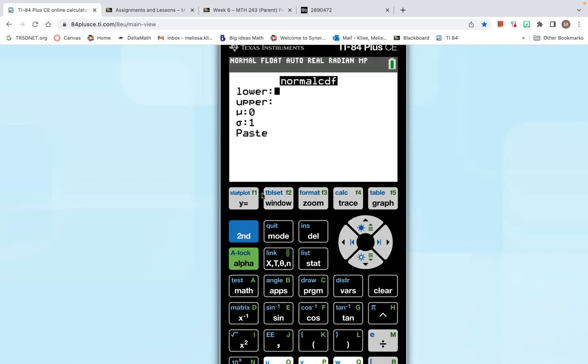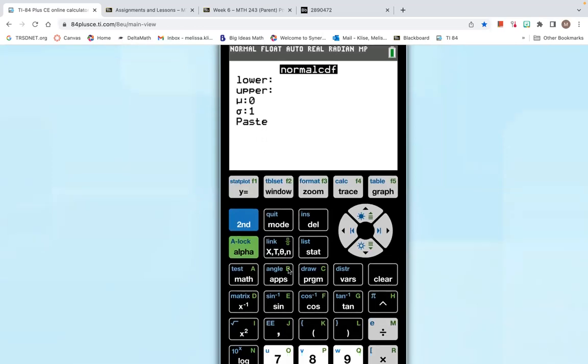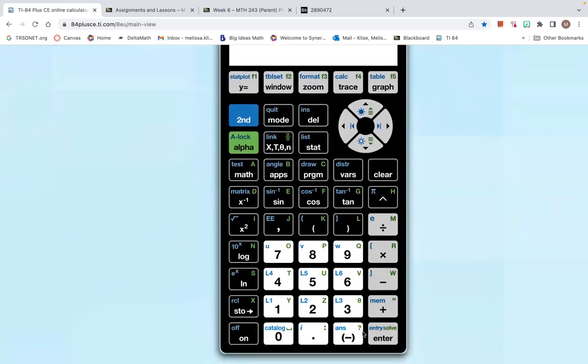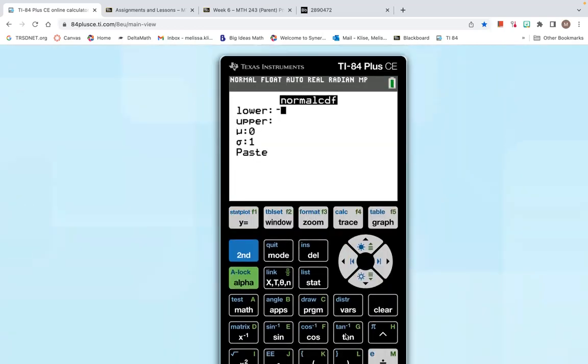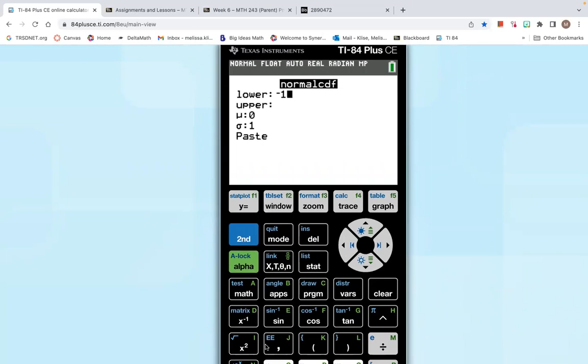So it's a really small number. So put in negative 1. The negative is right here next to the decimal. And then 1, I'll show you where to get the E. The E is right here above the comma. So if you hit second comma, you will get your E. And then 99. This is negative infinity.